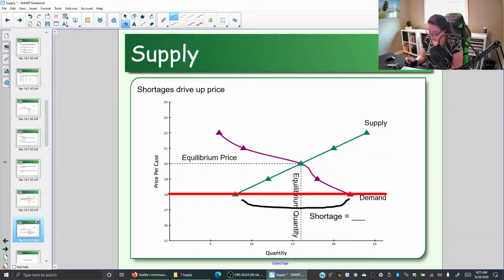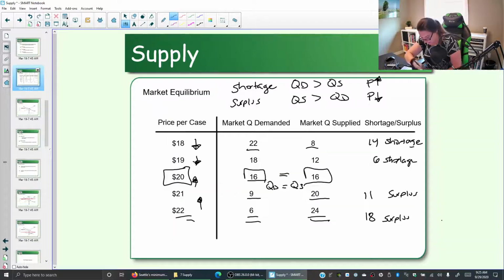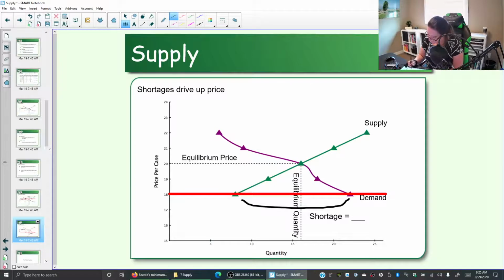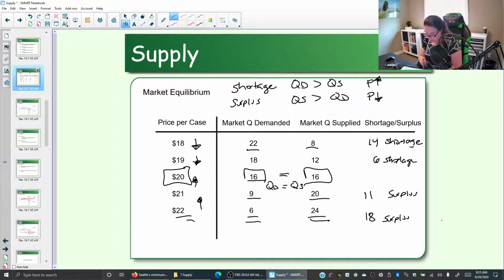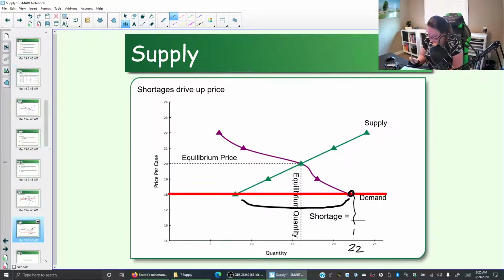Alternatively, here at a price of 18, and I'm just going to pull our exact numbers here, we can see that the quantity demanded is 22, but the quantity supplied is 8.